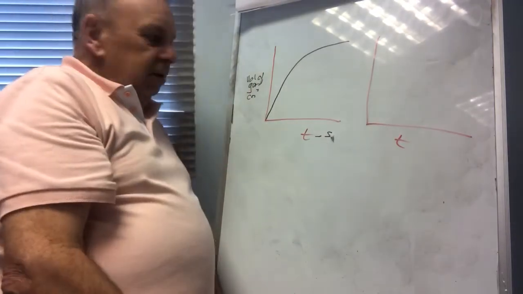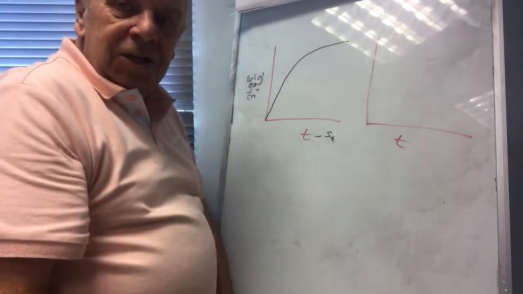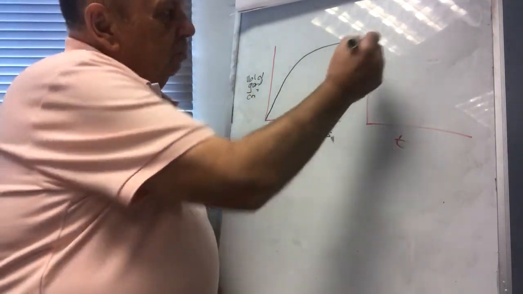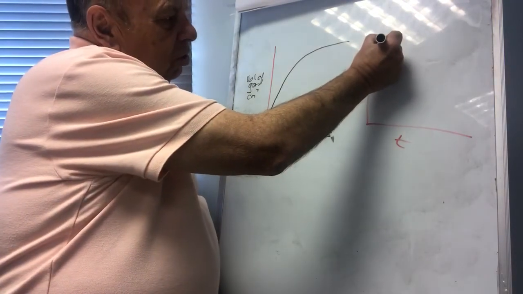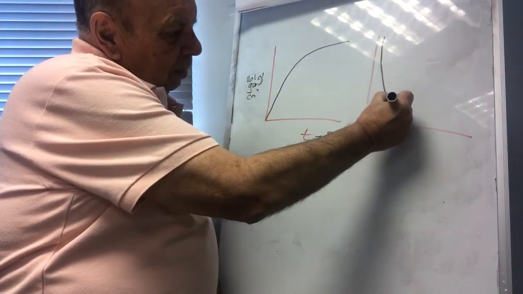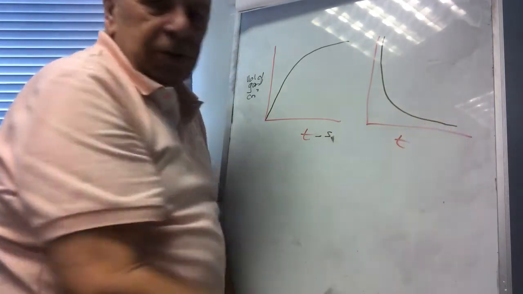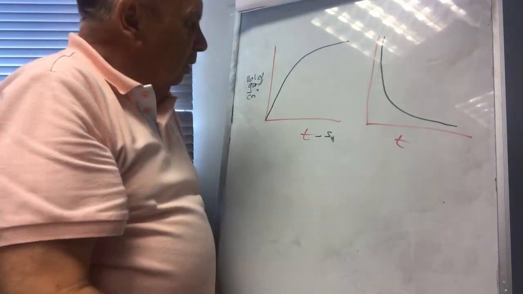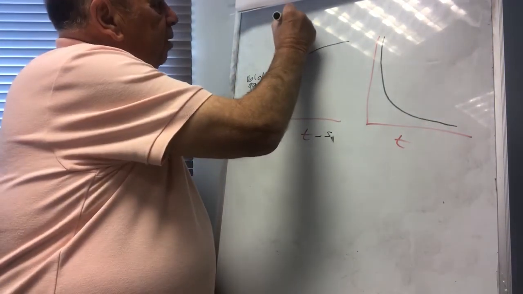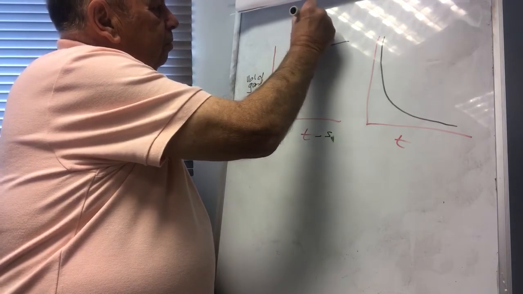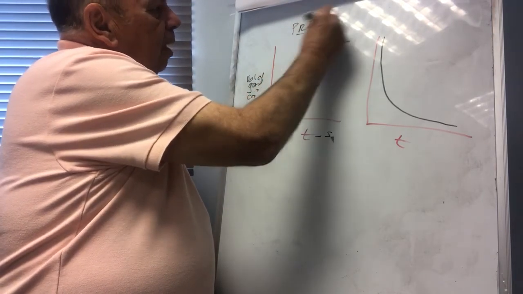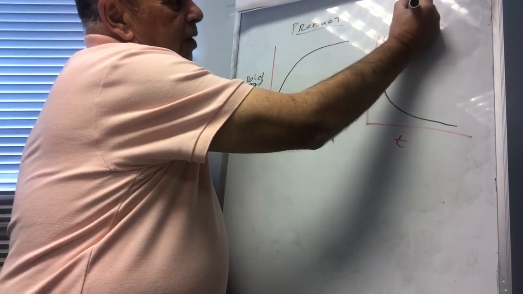Let's take the amount of magnesium in a reaction. It's highest at the start, and as the reaction proceeds it's used up. So this would be the product and this would be the reactant.